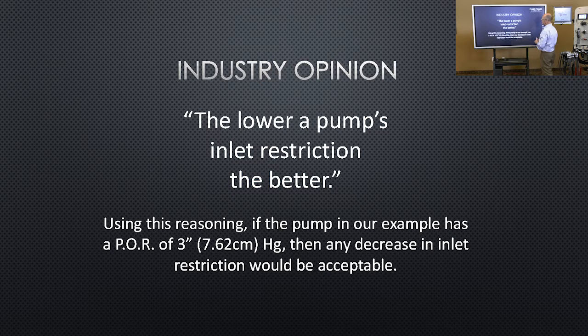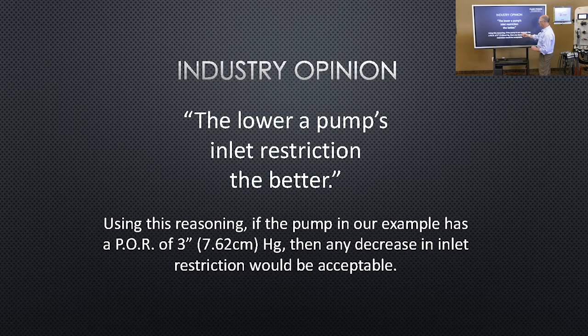This refutes the whole concept that the lower a pump's inlet restriction, the better. I think if you had to read books about pump inlet restriction, that's a general statement. And technically that's correct. The lower the inlet restriction on a pump, the better. That's true. Except for one problem. I must have a point of reference.